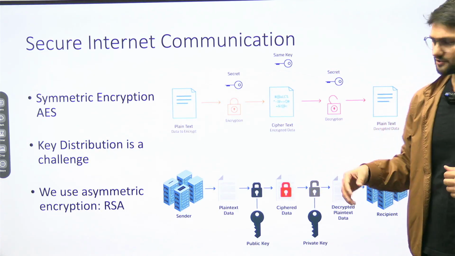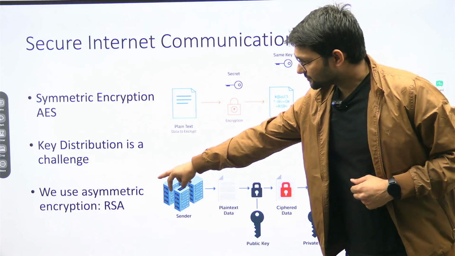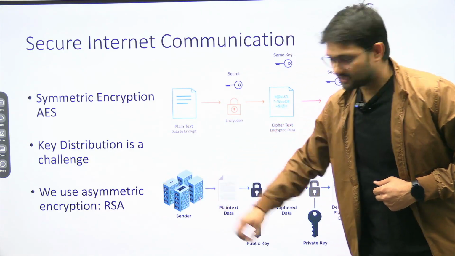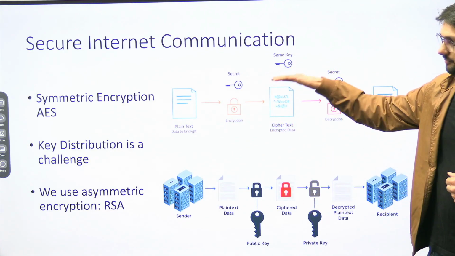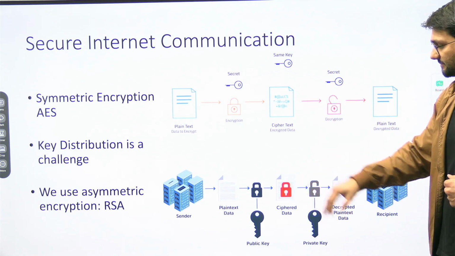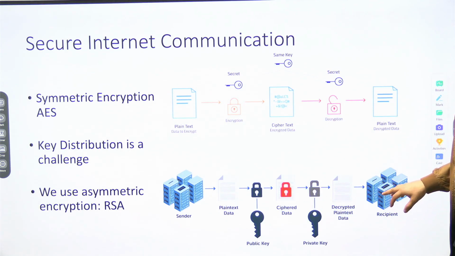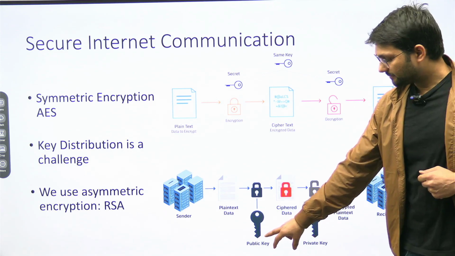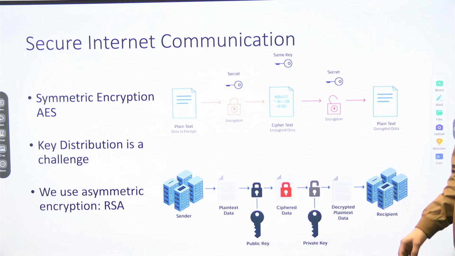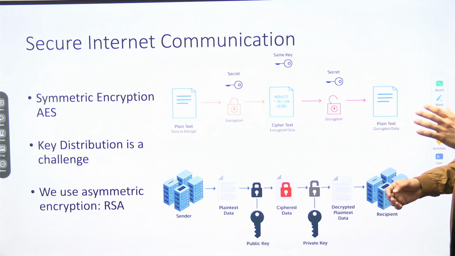It's not always possible. So the other way is to use an asymmetric type of encryption on top of this. So this is a recipient who wants to receive a message from you. He will generate a pair of keys. One will be called a public key and one is the private key. The public key is open to all, can be seen by everybody.